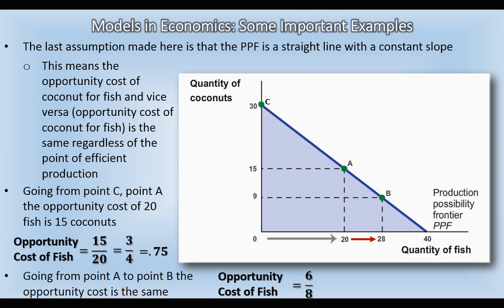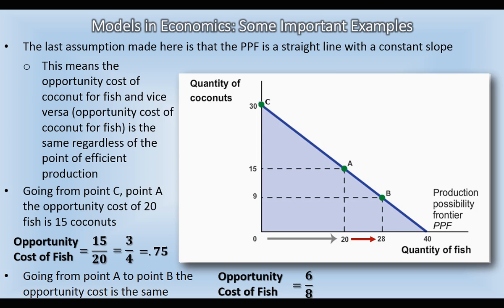The opportunity cost is not changing. So in order to go from point A to point B, where at point A we're producing 15 coconuts and 20 fish, at point B we're going to increase our fish production by 8, and we are going to decrease our production of coconuts by another 6.